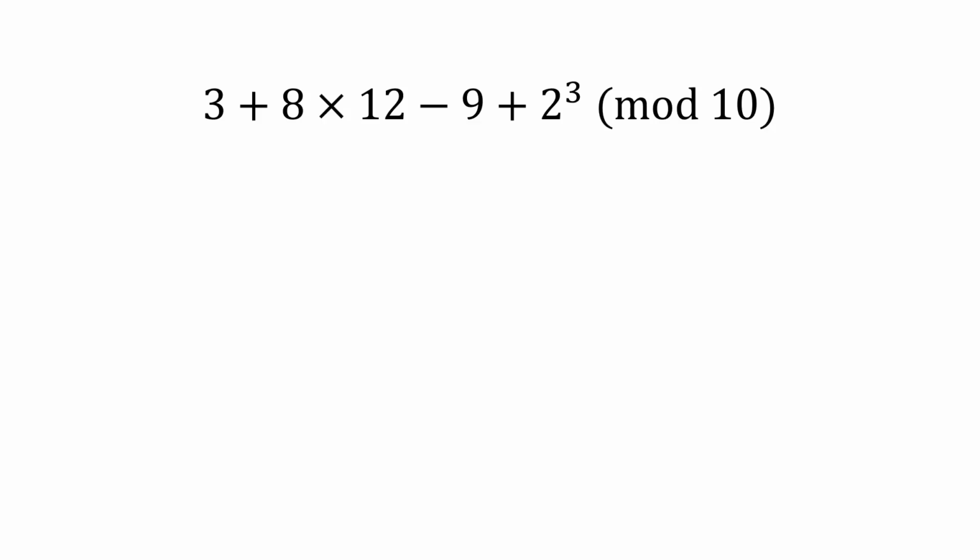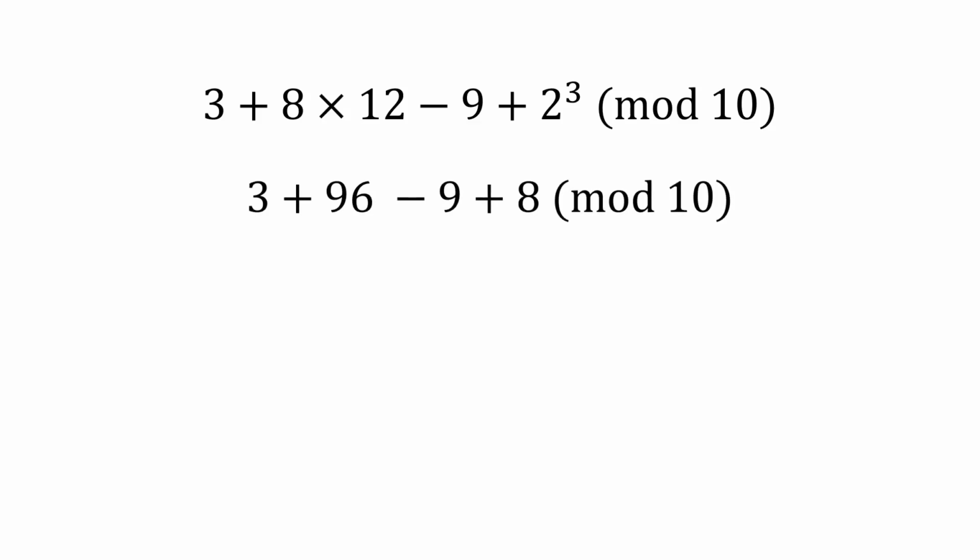Now, one way to do this is to just compute everything, forgetting about the modulo 10, and then take the modulo. So we simplify the expression on the left-hand side as normal. 8 times 12 is 96, 2 to the power 3 is 8. We compute the result, getting 98, and then we compute the remainder of this modulo 10, which gives us the answer 8.